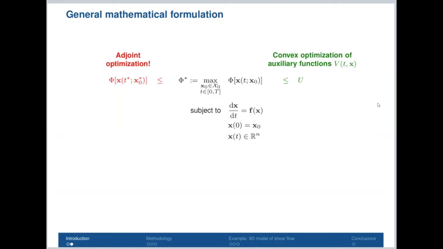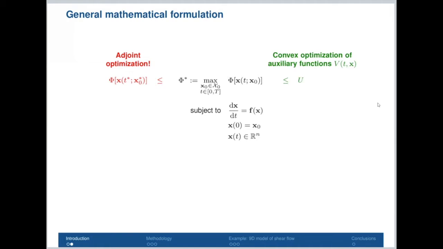And the idea really goes back to the work of Lyapunov on stability. So if you're familiar with Lyapunov stability and Lyapunov functions, you will see some parallels with that. And really, what allows me to do this is the fact that we can check how such a function v of t and x behaves along trajectories of the system by writing down some conditions, some inequalities, but without actually having to solve the differential equation.